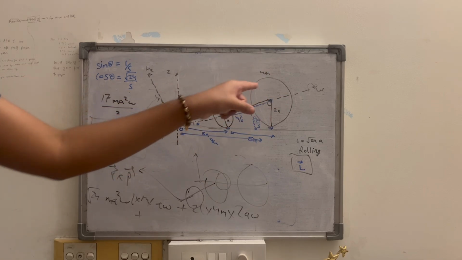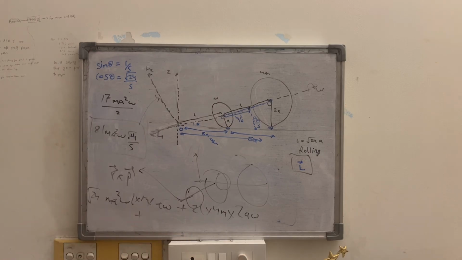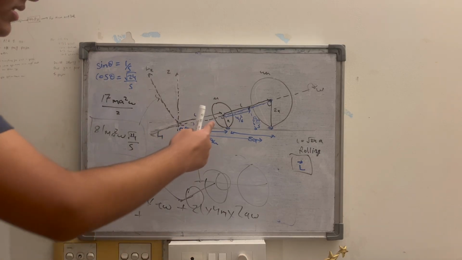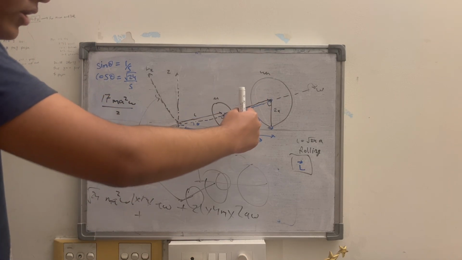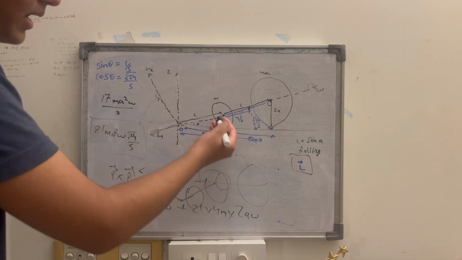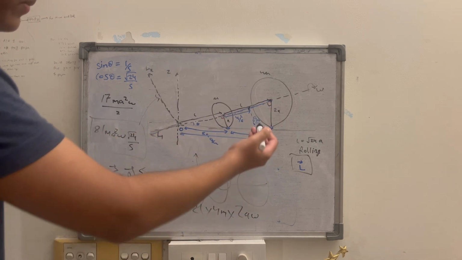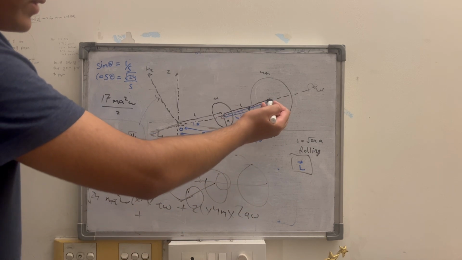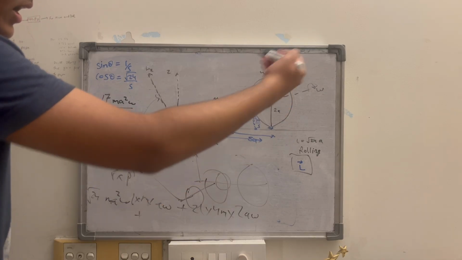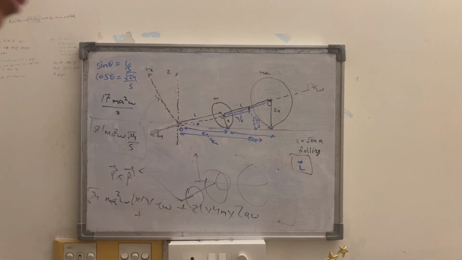So for the center of mass, it will basically be the sum of I omega for this plus I omega: the moment of inertia of this into omega plus the moment of inertia of this into omega.